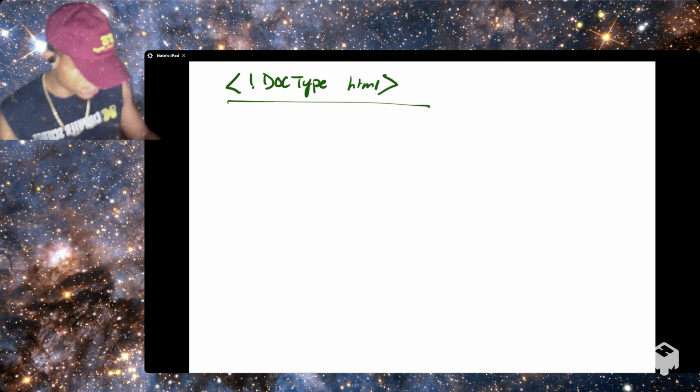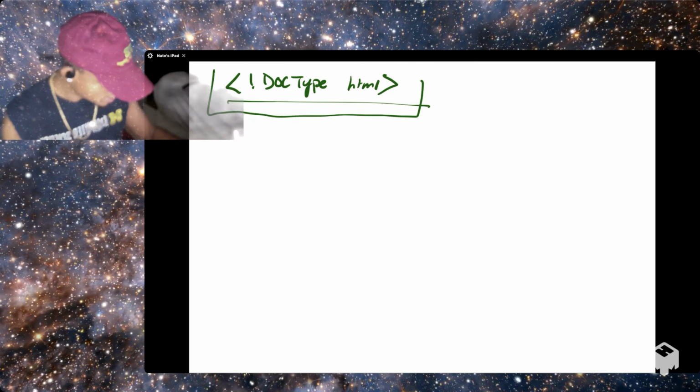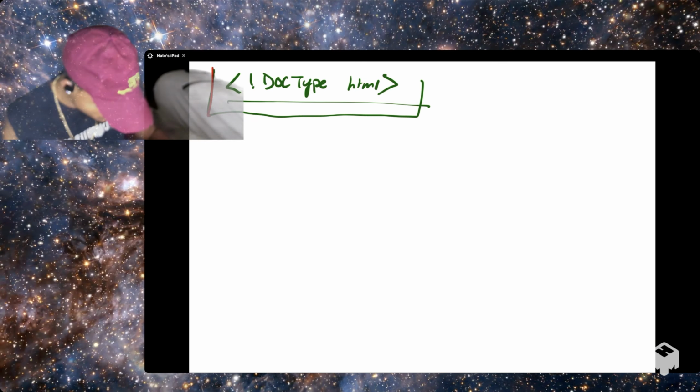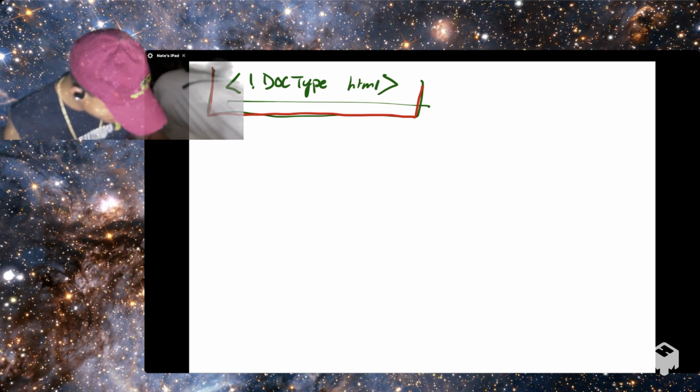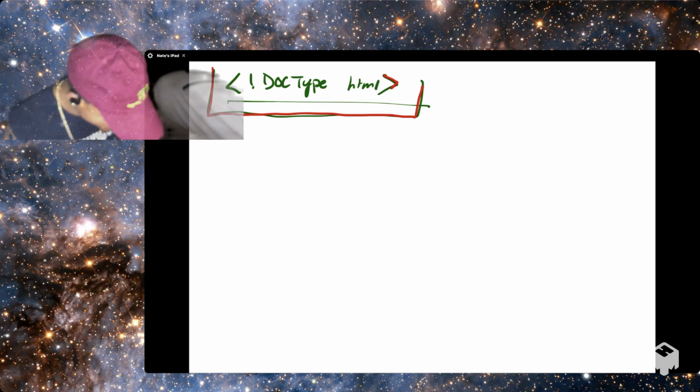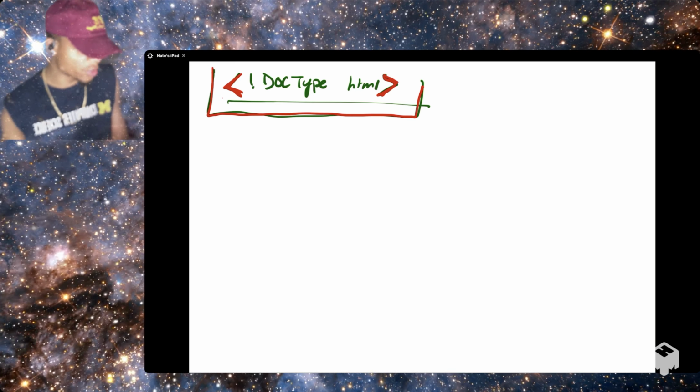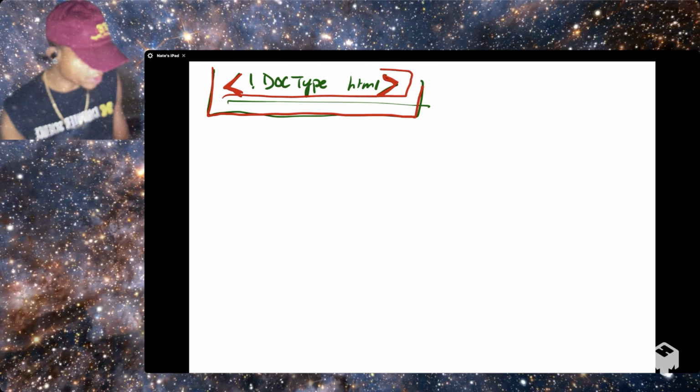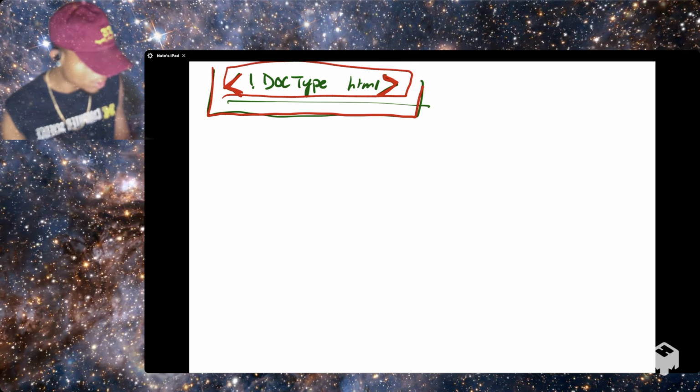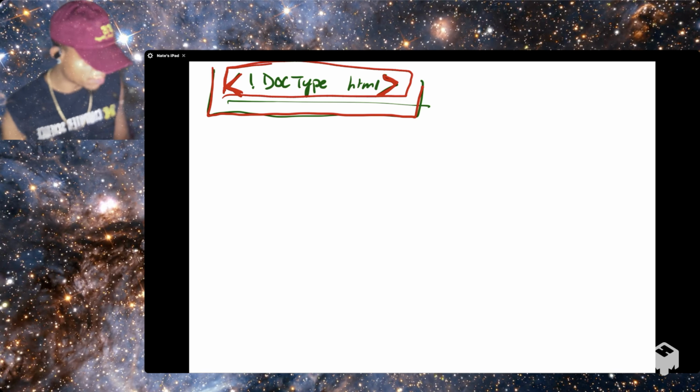First of all, this whole entity, this thing right here is called an HTML tag. When you put words in between these angle brackets like this, you are creating an HTML tag.